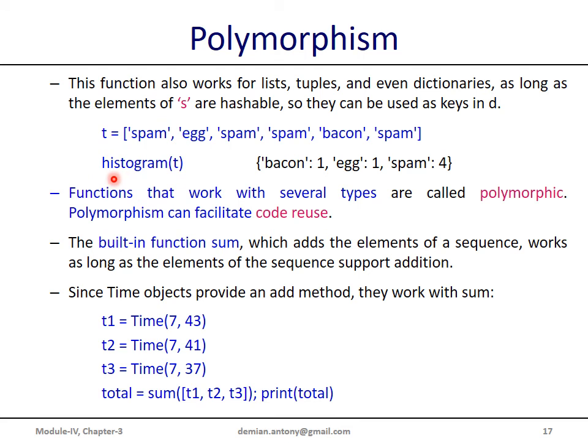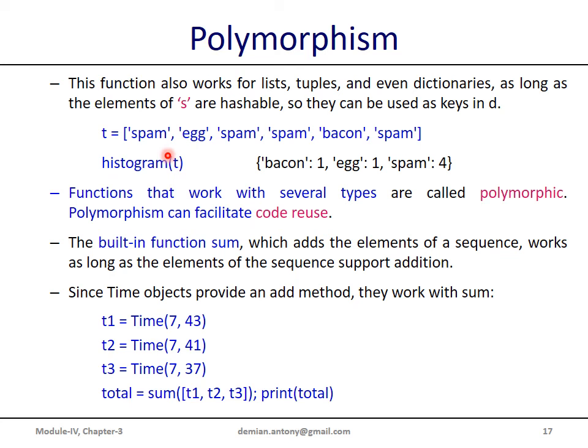If we call this function histogram for a list of strings, we get this result. Similarly, this function can be used for, let us say, a list with only integer values, or even characters or other types, even dictionaries or tuples.